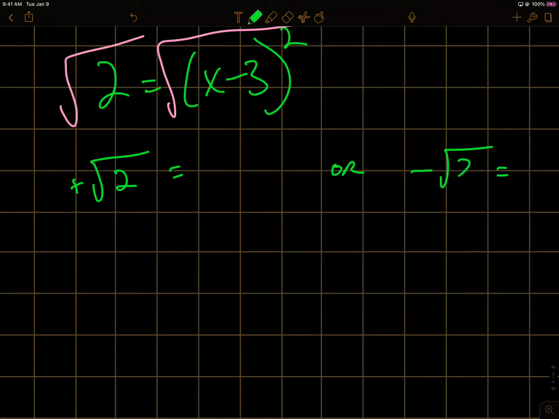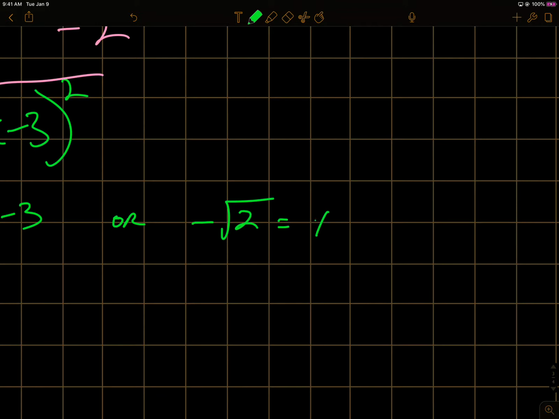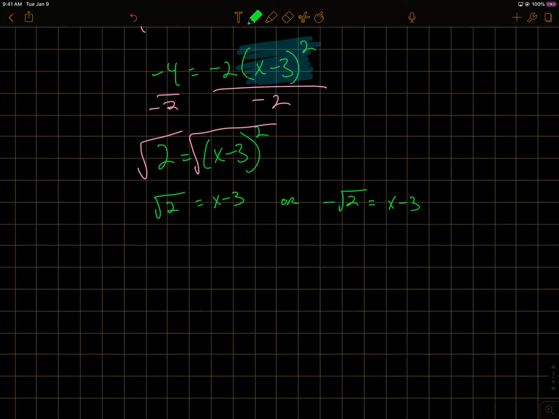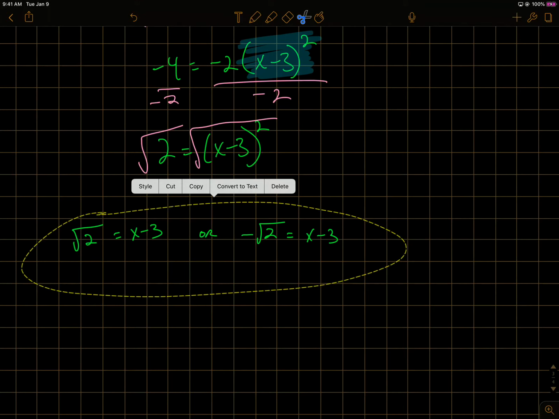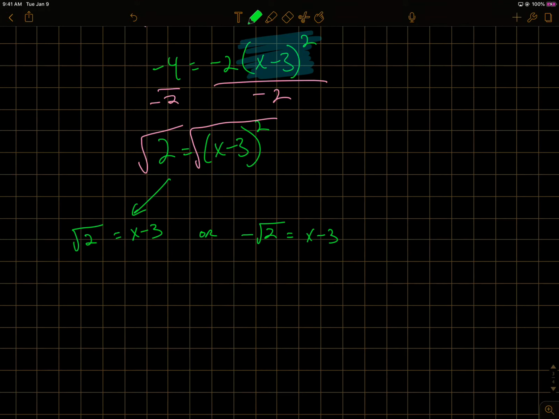So when I square root 2, I get positive square root of 2. We don't really show the plus sign. And on the other side, I get x minus 3, because the square root of squared cancels. All right, so here's where my equation solving splits into 2 cases, because when I square root, I have the positive and the negative version.